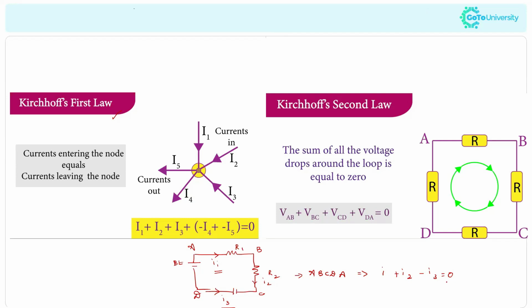So it will have a negative sign, and the sum of currents at a junction will be equal to 0. Or we can say the current entering the junction will be equal to the current leaving the node. So this is Kirchhoff's first law, also called the junction law or current law.